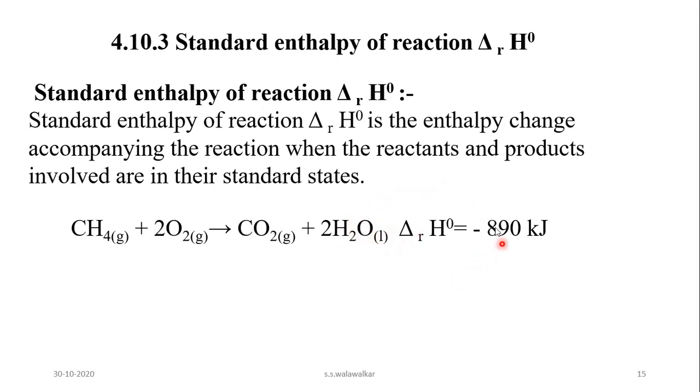Therefore, the enthalpy of this reaction is measured under standard conditions, and it is delta H R 0. That means the standard enthalpy of this reaction is equal to minus 890 kilojoules. So this is the standard enthalpy of this particular reaction, as the reactants and products are in a standard state at 1 bar pressure and 298 Kelvin.